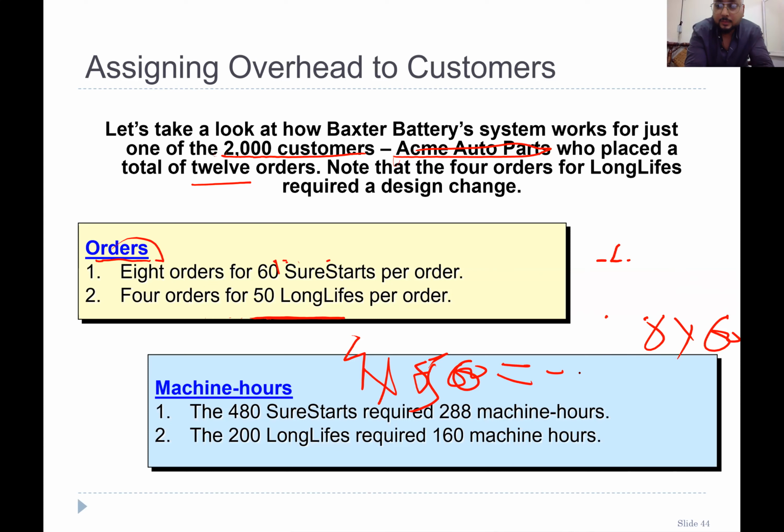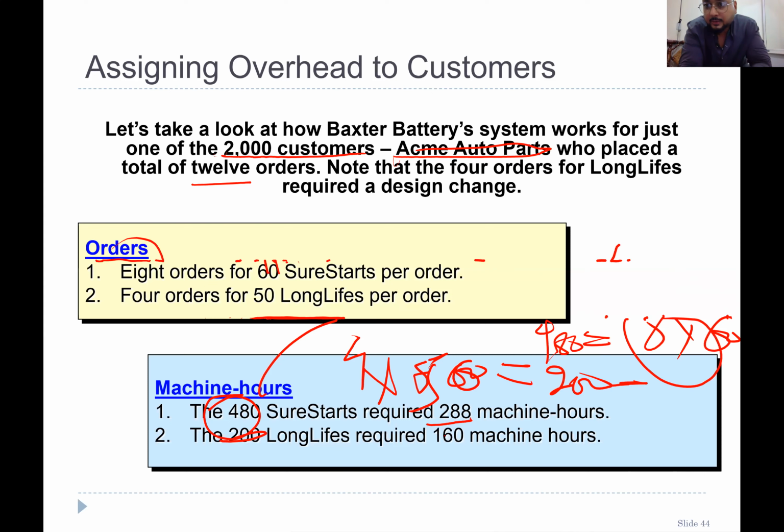Answer, 200. So 480 are normal and 200 are long life batteries. And machine hours are already given to us. 480 short start, this 480 is coming from 60 multiplied by 8, requires 288 machine hours. 200 long life requires 160 machine hours.